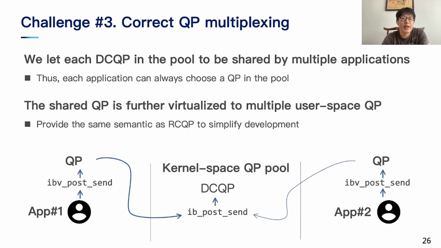For example, application 1 and application 2 have exclusively virtualized QPs at the user space. Nevertheless, the requests to the virtualized QPs can be forwarded to the same kernel space QP so that the applications can always have an available QP to use.